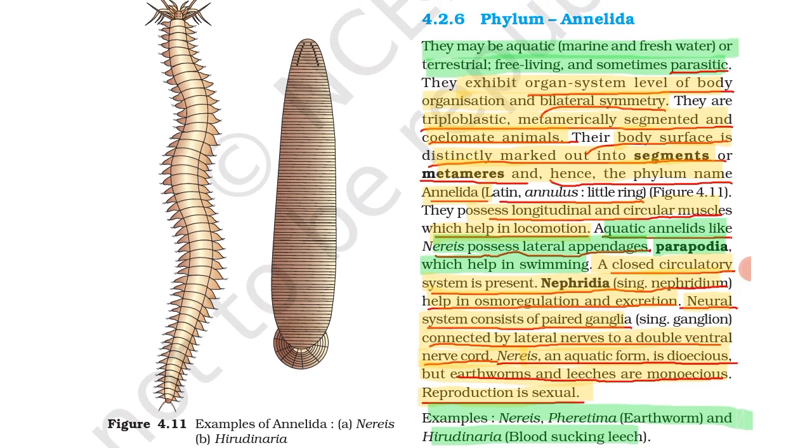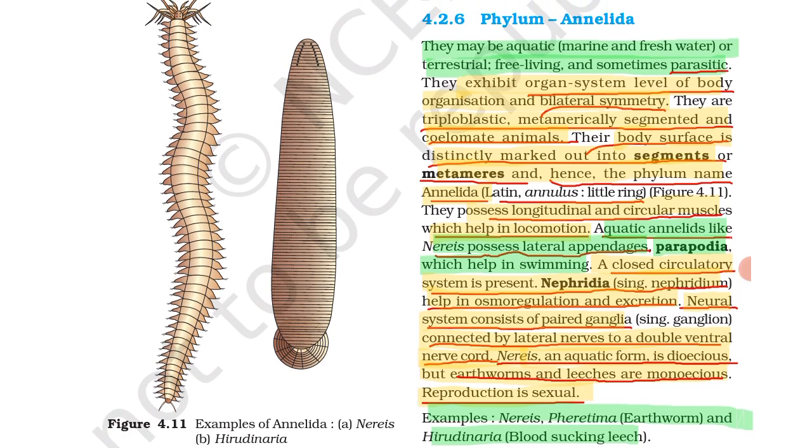Next, they possess longitudinal and circular muscles which help in locomotion. Next, aquatic annelids like Nereis possess lateral appendages, parapodia, which help in swimming.